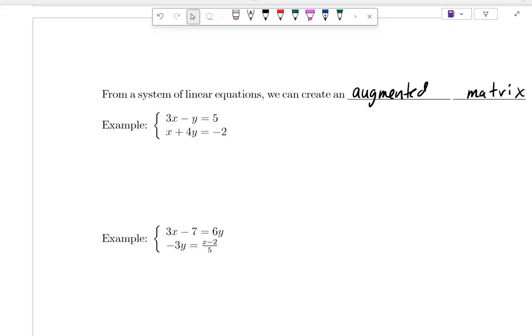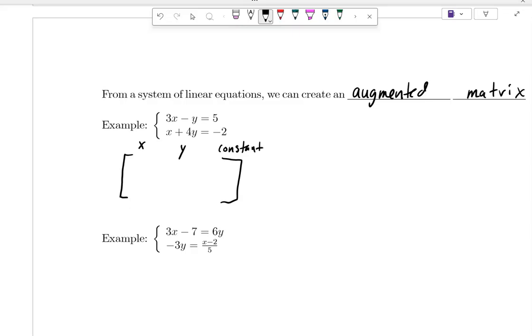Okay? All right. So the way we're going to write this, I'm going to label the columns to start with, but you don't have to label the columns every time. The first column here is going to be your X column. Your second column will be your Y column. Your third column here will be your constant column.